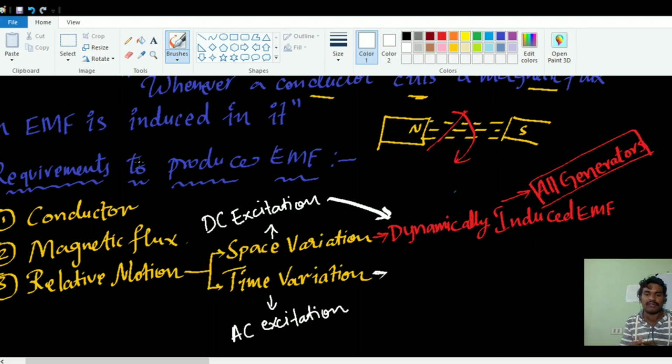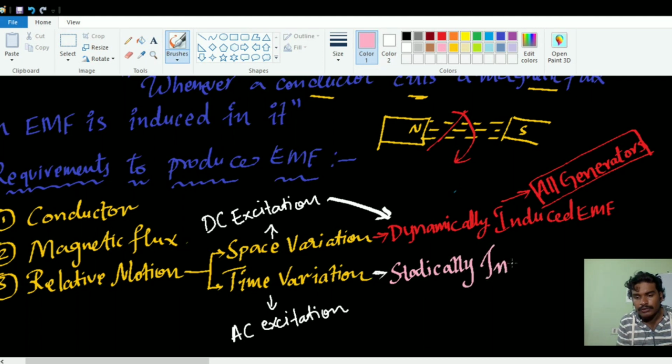So you will get an EMF induced. Since there is no motion involved, this kind of EMF is called statically induced EMF. So for statically induced EMF, you need AC excitation.